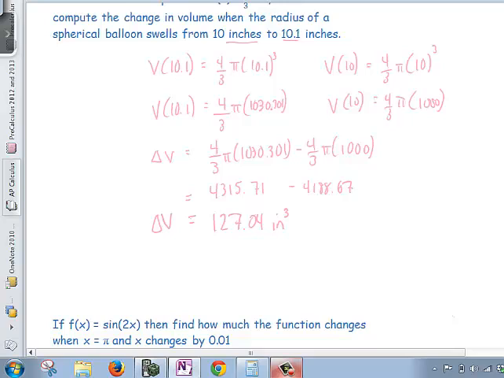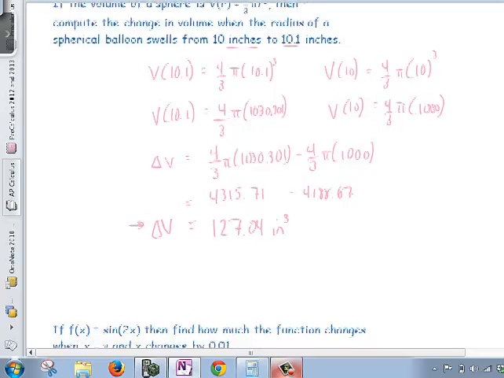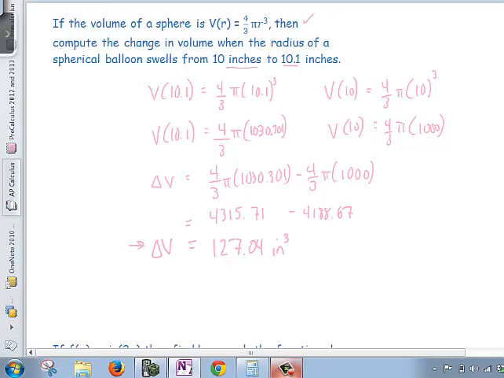After a couple minutes of computations using my calculator, we find that the difference in the volume was 127.04 inches cubed. So now I'm going to introduce the idea of using a differential, and it's relatively quick to do.